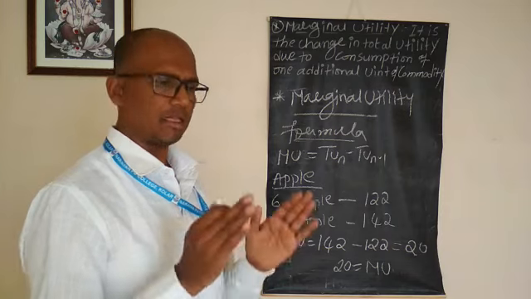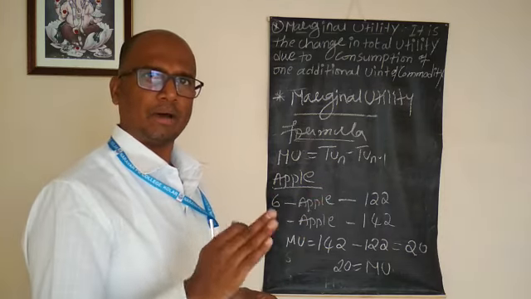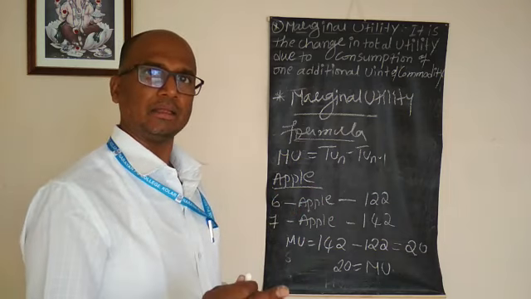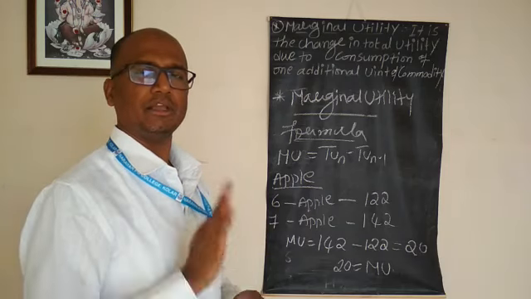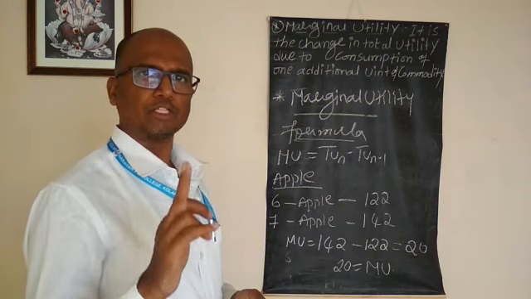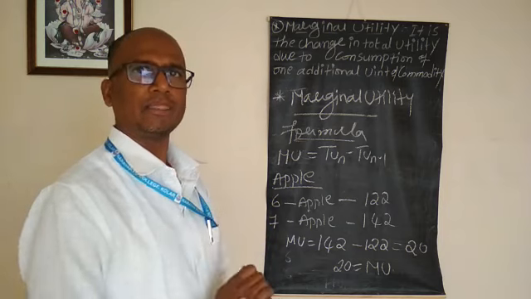Total utility means the amount of utility a consumer gains from consuming a given amount of a commodity over a period. Equation: TU is equal to U1 plus U2 plus U3 plus U4, and so on.